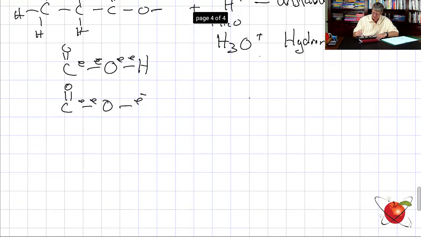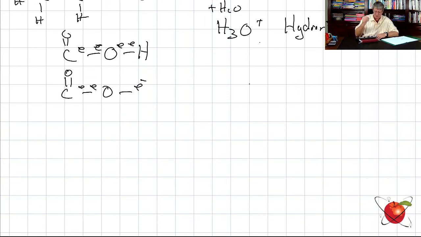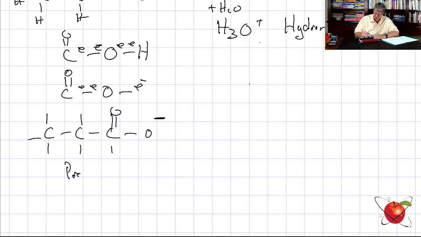I have created an ion when we do this. We put it in water, same as HCl in water. So we've got CCC, double bond O, and an O over here. This is actually a propanoate ion.